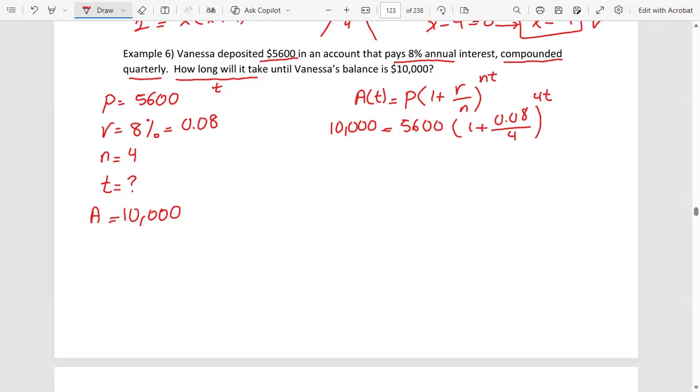Otherwise, use log. So to simplify this one, first find inside the parenthesis. What is 8% divided by 4 plus 1? So 0.08 divided by 4 plus 1 gives me 1.02.